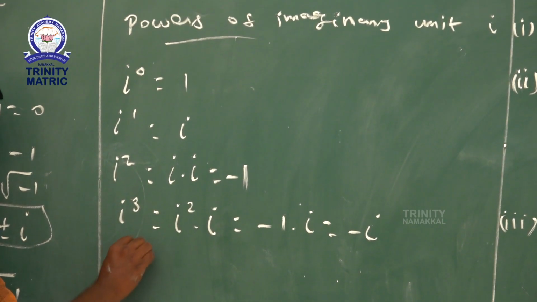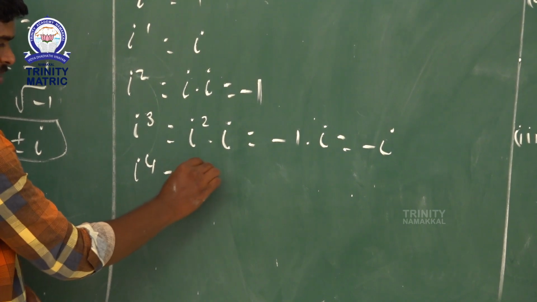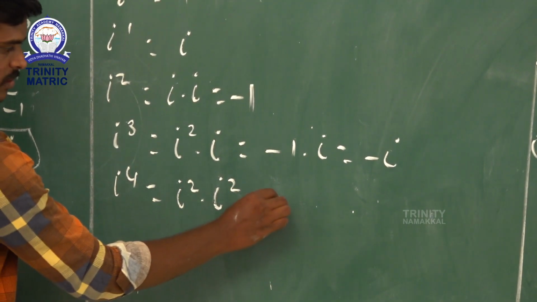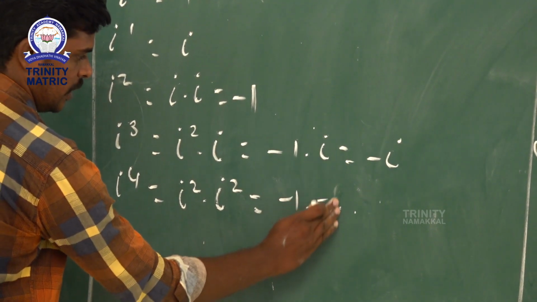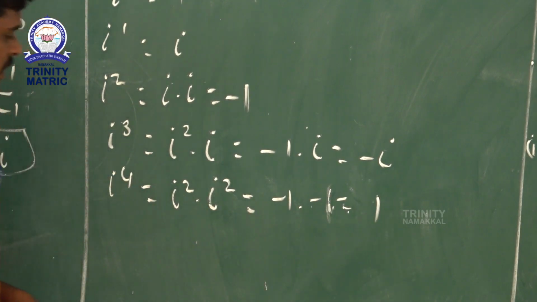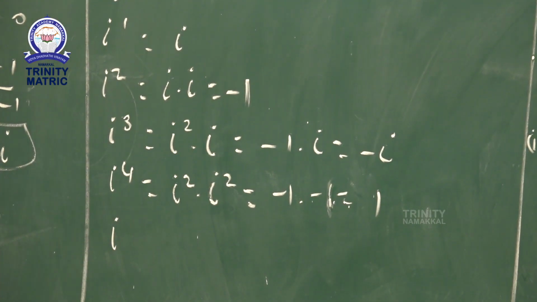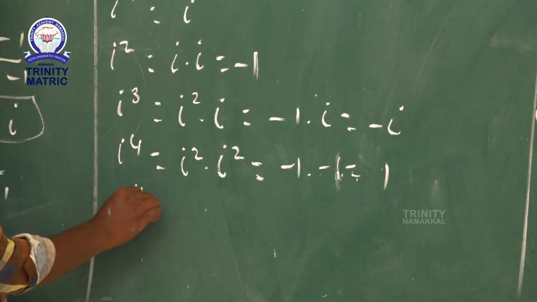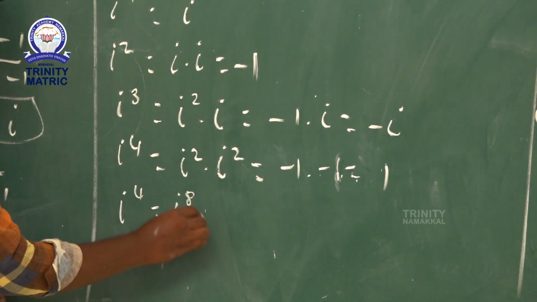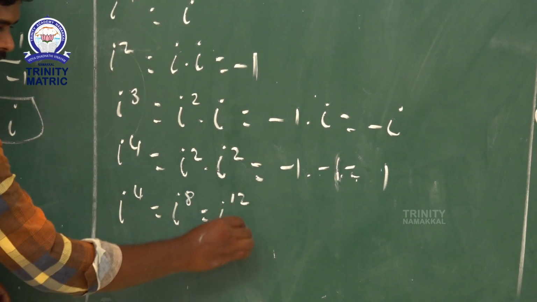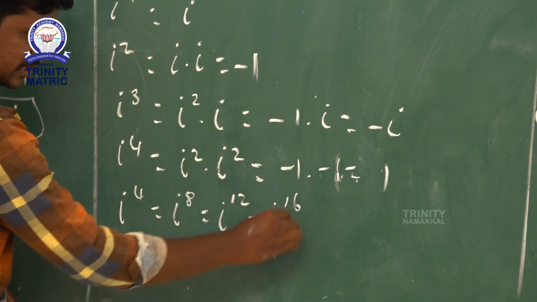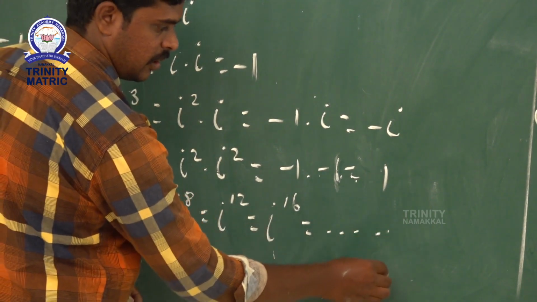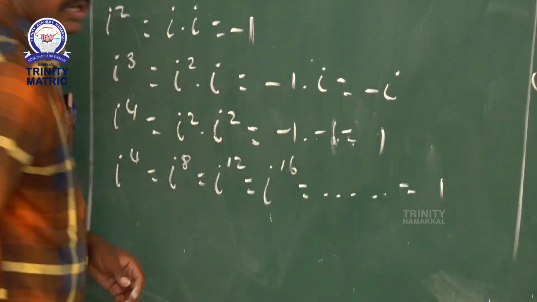Next we go to i power 4, this is equal to i squared into i squared, which is minus 1 into minus 1, equal to plus 1. So i power a multiple of 4 means the value is 1. So i power 4 is equal to i power 8, equal to i power 12, equal to i power 16, and so on, equal to 1.